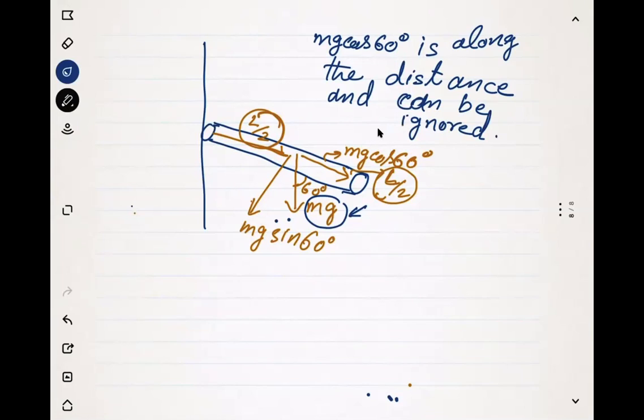For example, now this weight is resolved into two components. One of them is the perpendicular component, and the distance of the perpendicular component from the pivot is L by 2.